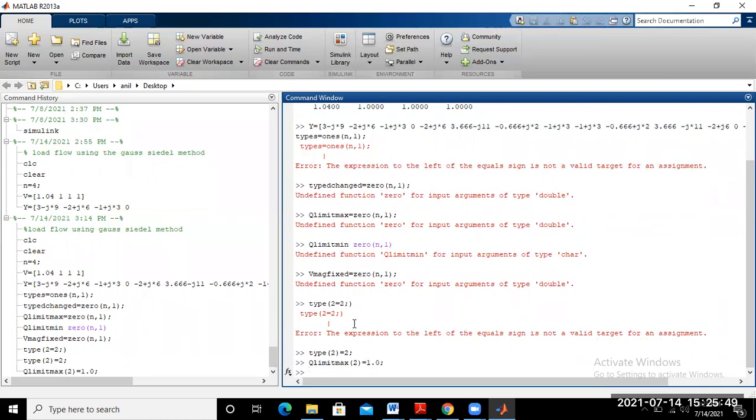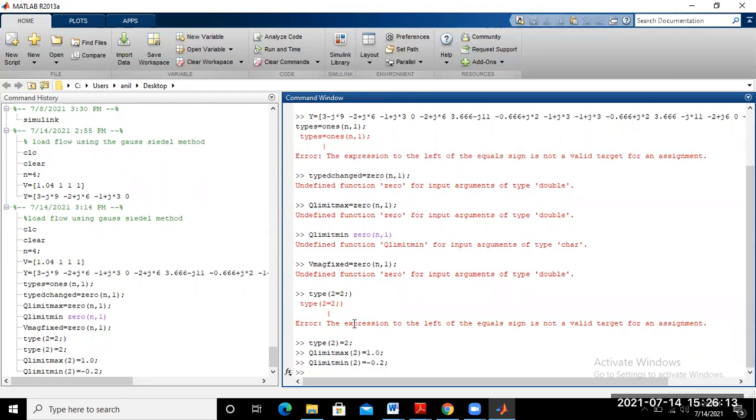Q limit minimum 2 equal to minus 0.2. The magnitude fixed 2 equal to 1.04.